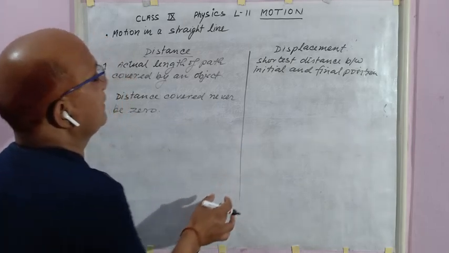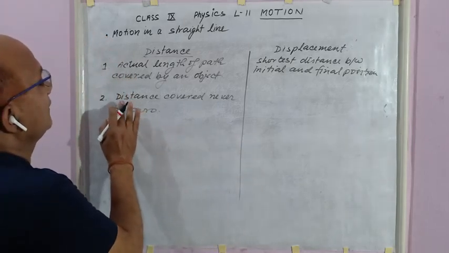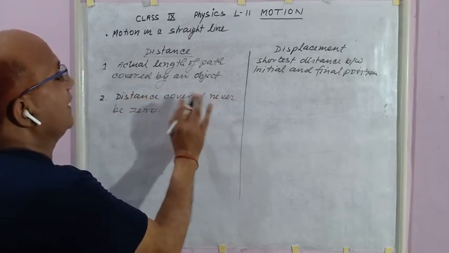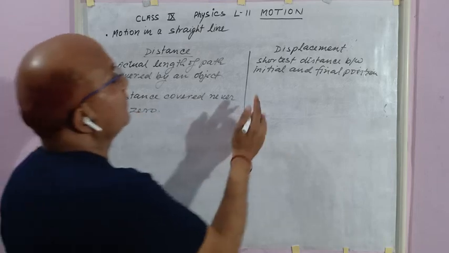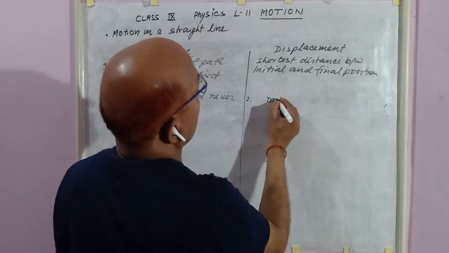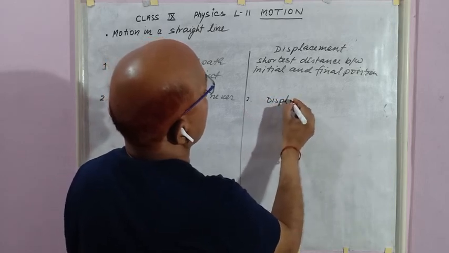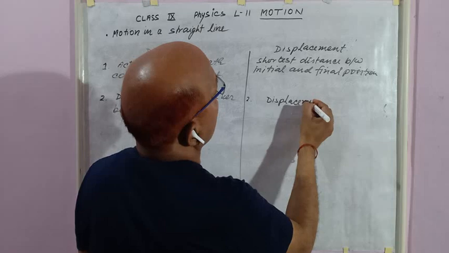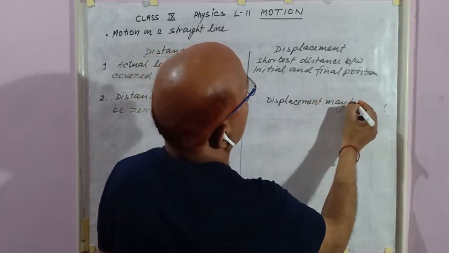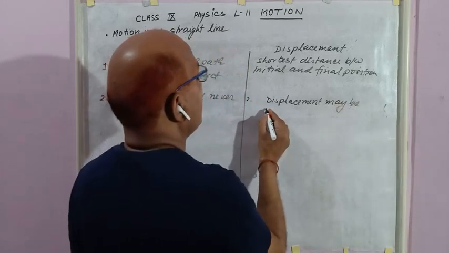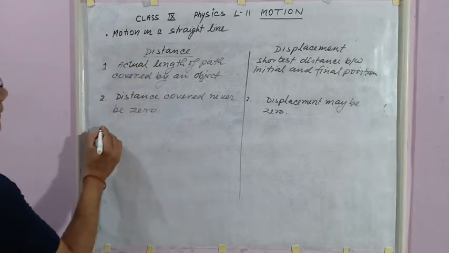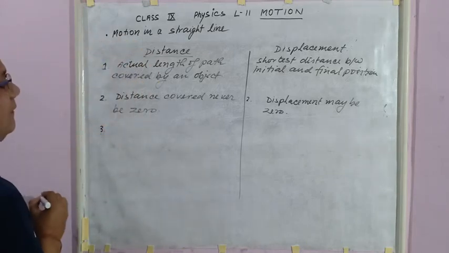In any example, you have not seen that distance covered is zero. So distance covered by any object can never be zero. But displacement may be zero in some cases.